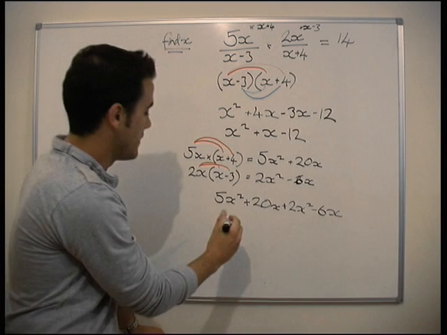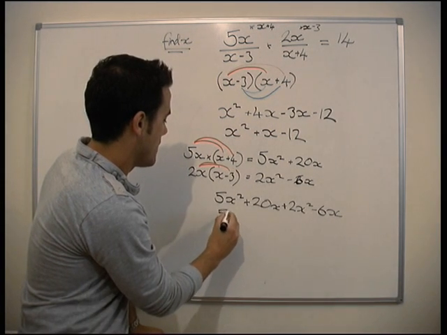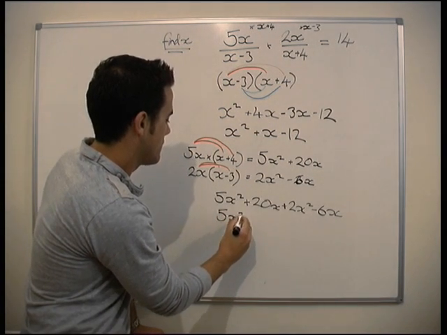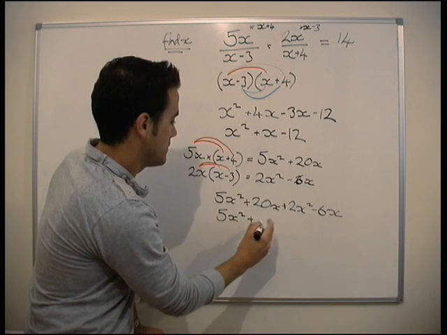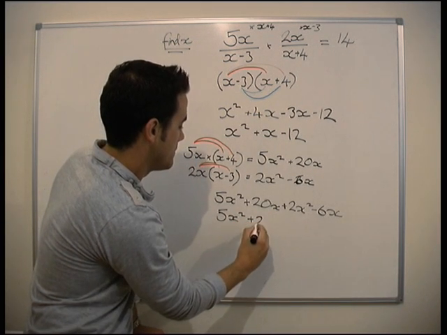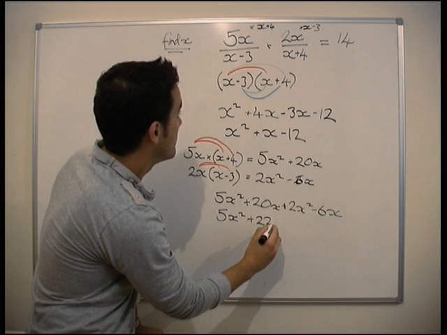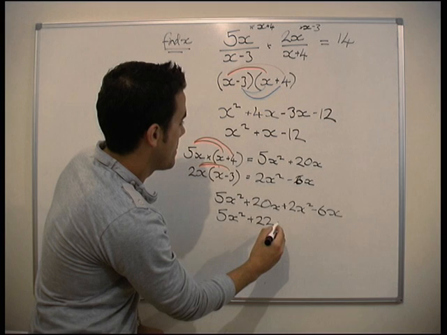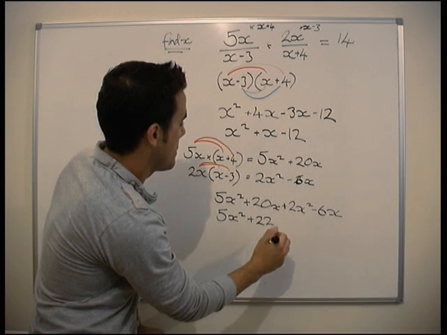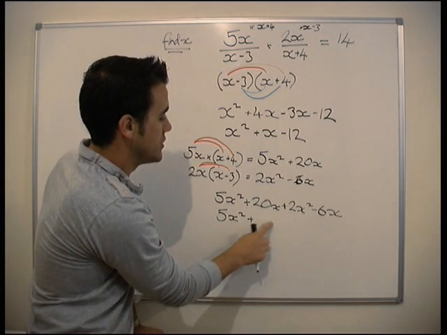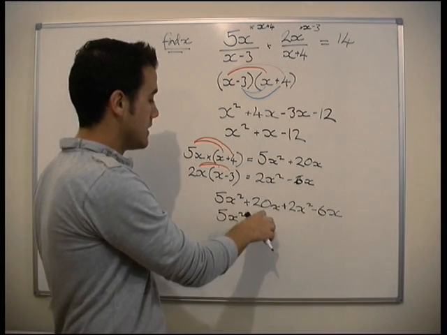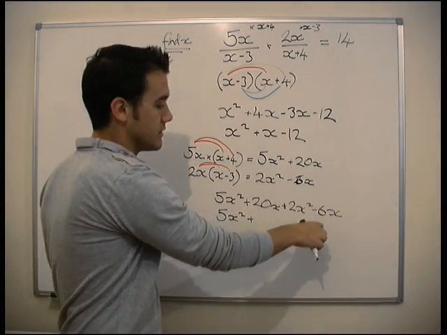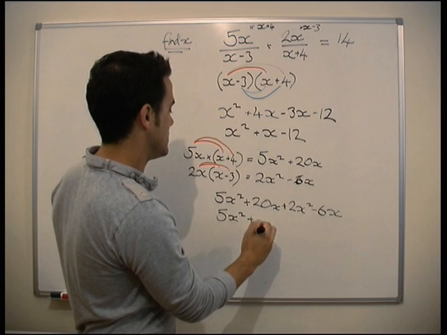So let's simplify that. We get 5x squared plus 22x. No, I'm going mad. It's not 22x, is it? We've got to be careful with these things. It's 20x minus 6x, so it's actually 14x.